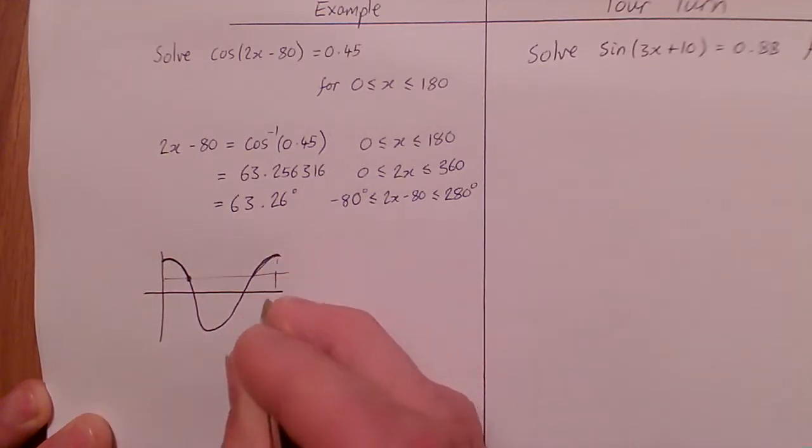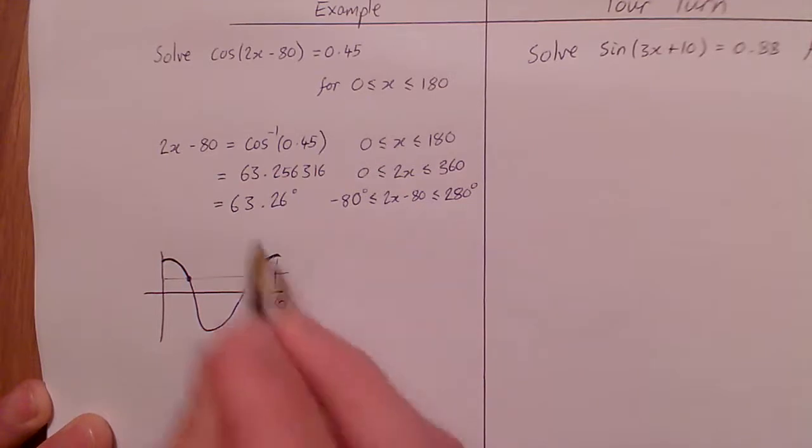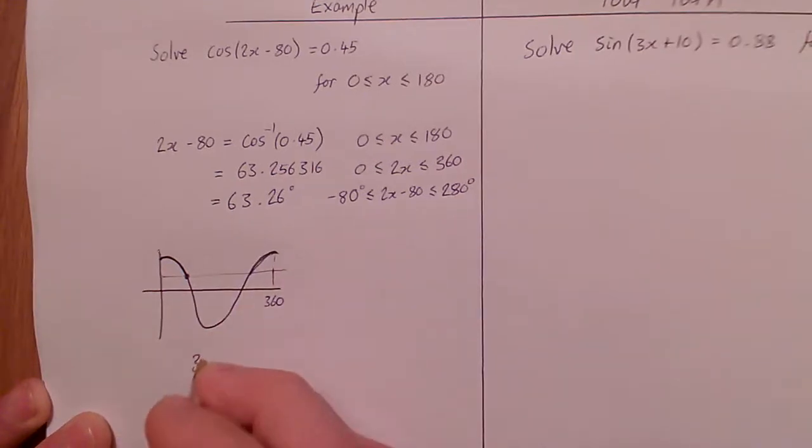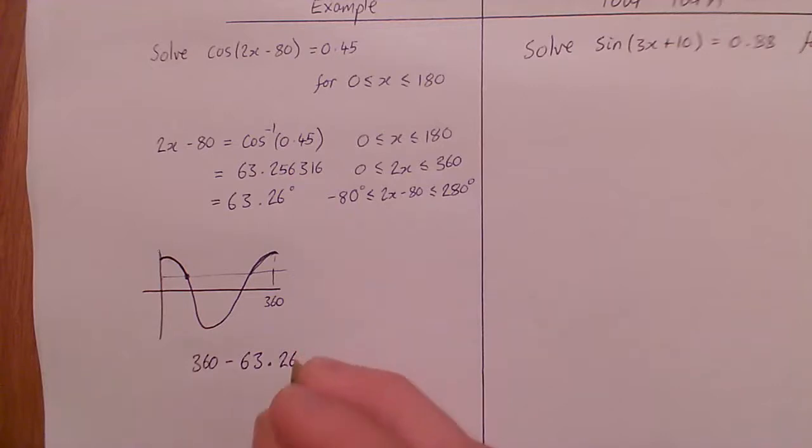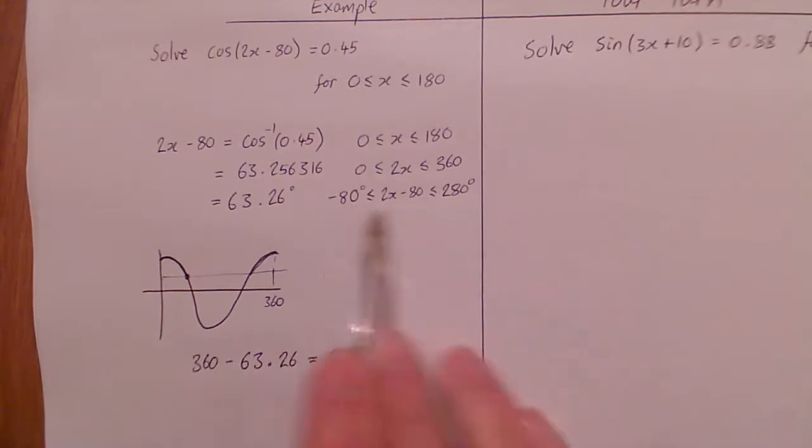So it's the same as coming back from 360 by 63.26. So 360 take away 63.26. If we do that, we are going to get an angle. That angle is 296.74 degrees.